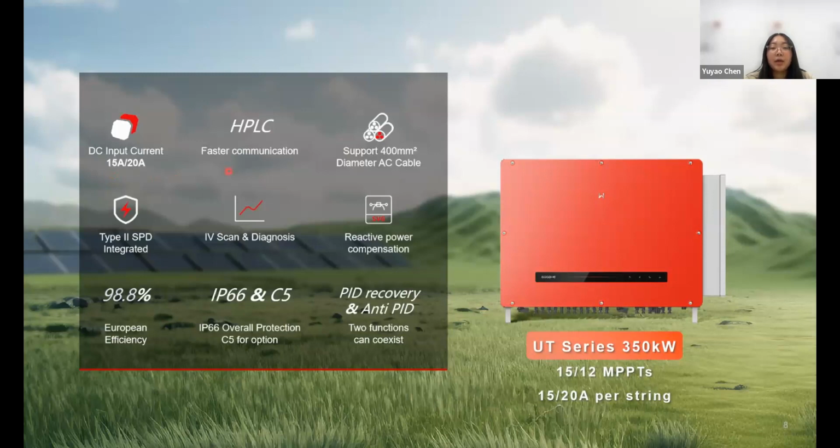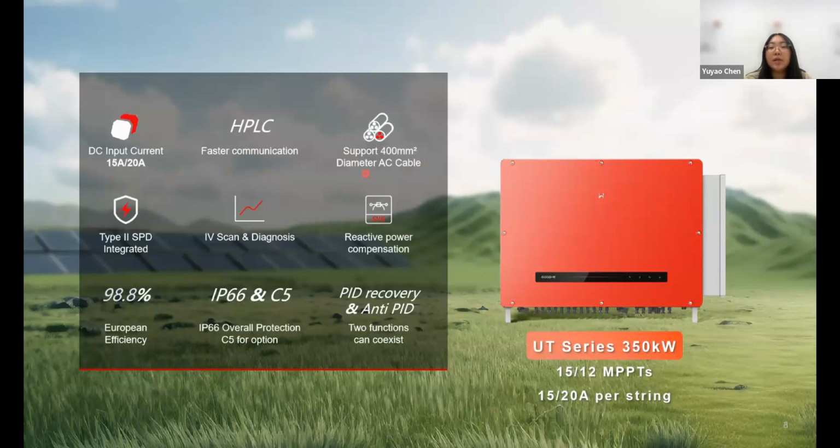And then the UT series also has faster communication. As I mentioned before, it has HPLC, a higher frequency PLC, which is better, faster, and more stable than the last generation.